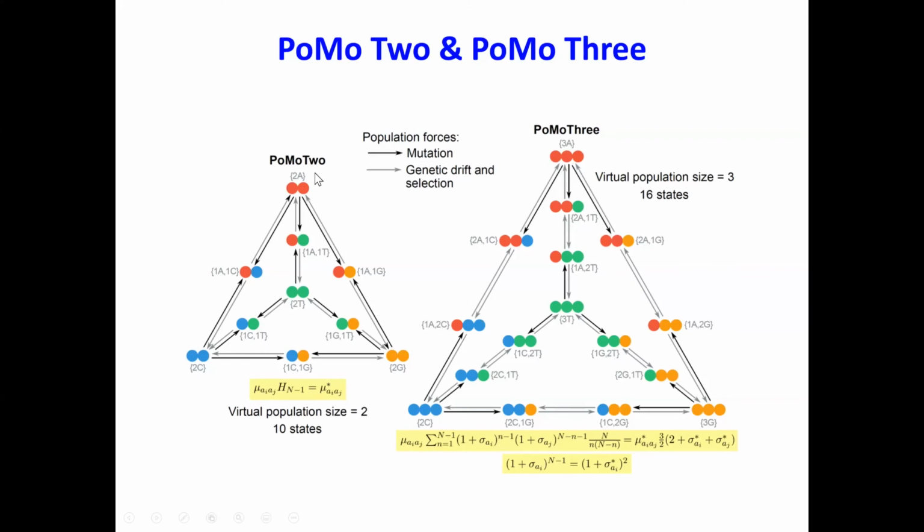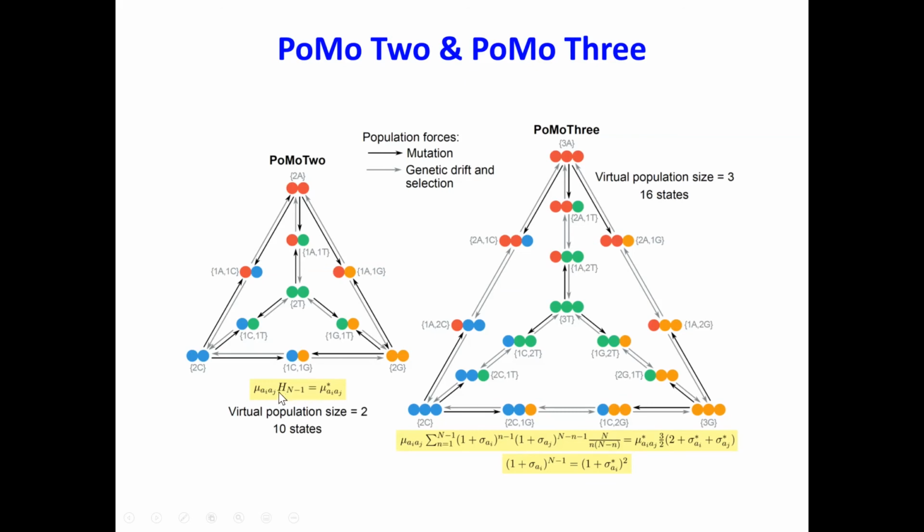And the relationships are rather easy. POMO2 is a model which allows you to include drift already. In this visualization, in the vertices we have the fixed states, and on the edges we have polymorphic intermediate states. So with this one, you already have a polymorphic model. It's only a POMO2 model, but it allows you to include drift.